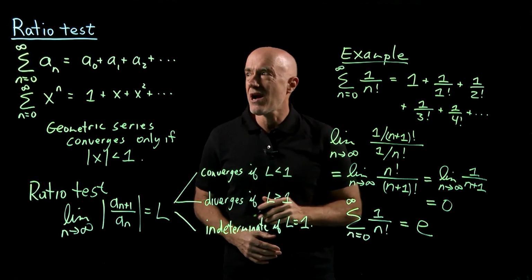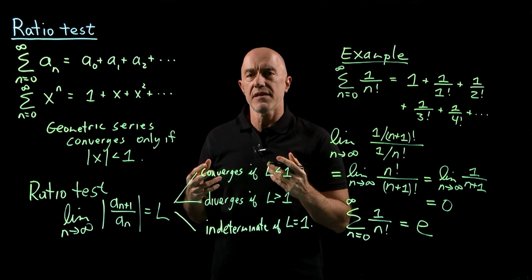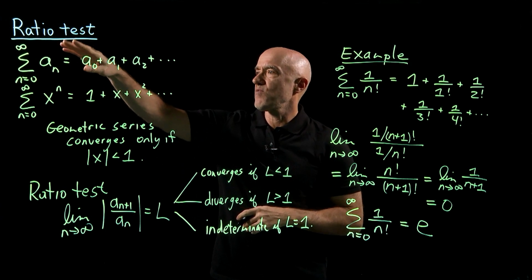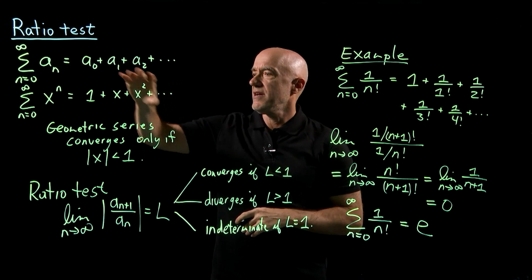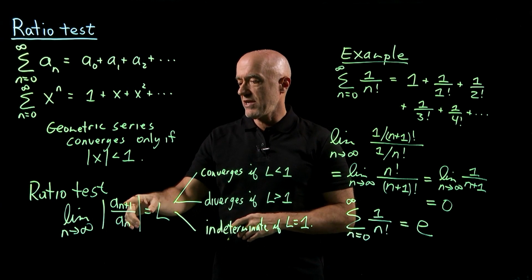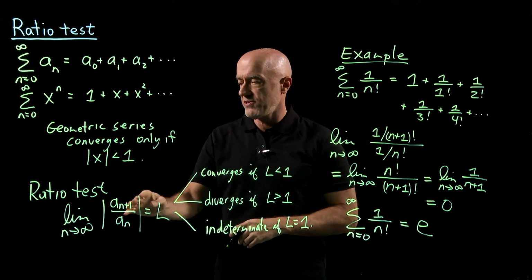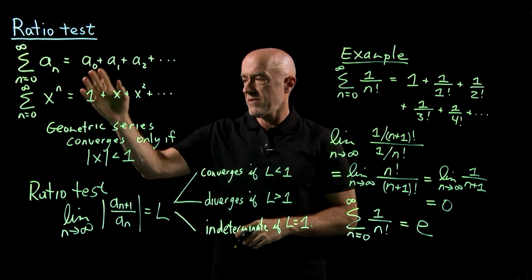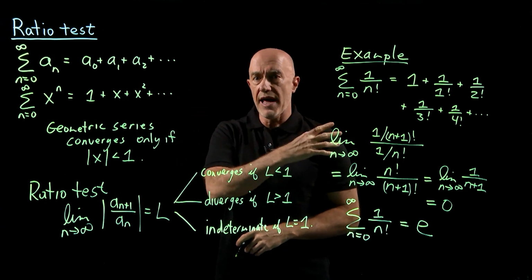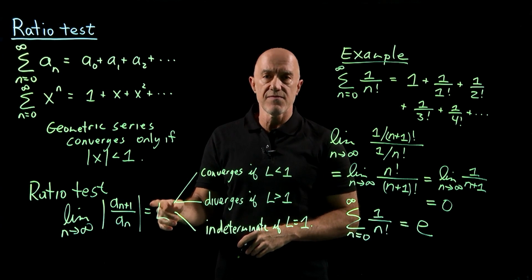So let me summarize. I'm teaching you now the most important test to determine whether a series converges. That's called the ratio test. What you need to do is look at the ratio of two consecutive terms in the series as the n goes to infinity, way out, and calculate that ratio. What does it converge to?